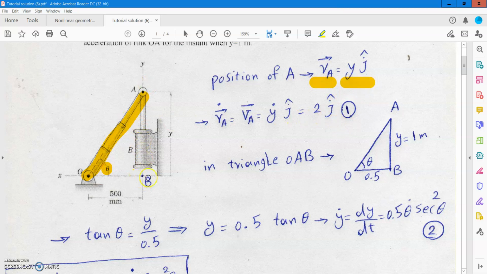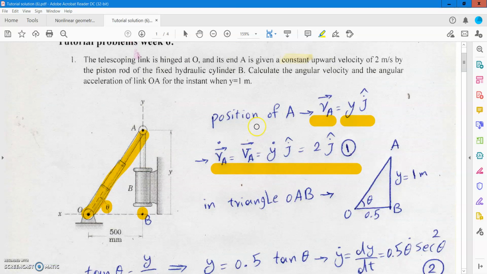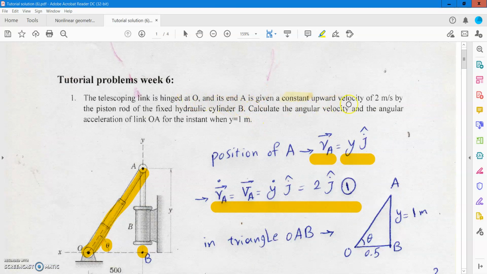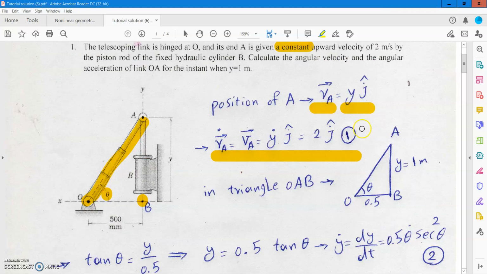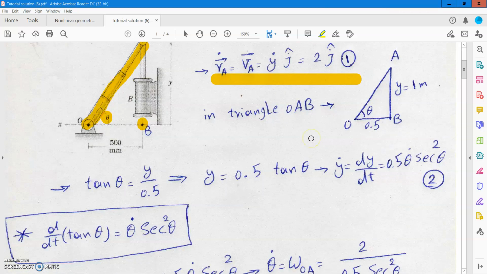In this coordinate system, the origin is located here at point B. So the velocity of A is equal to y dot j, which at this time is 2j. The velocity of point A is upward and constant, so it is 2 meters per second upward.